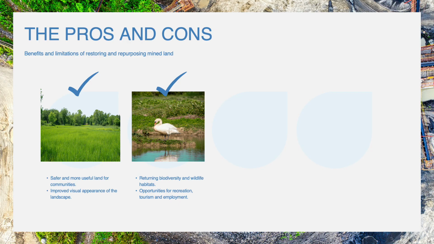By planting trees and by improving the soil, we'll also be allowing plants to grow again. And as plants return, insects, birds, and other animals might also return, which will increase the biodiversity. And repurposed land can become parks or lakes or walking trails or nature reserves or sport facilities, tourist attractions. These can all create new jobs after the mines close.